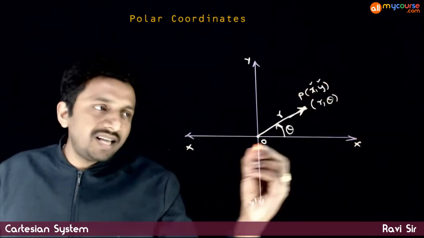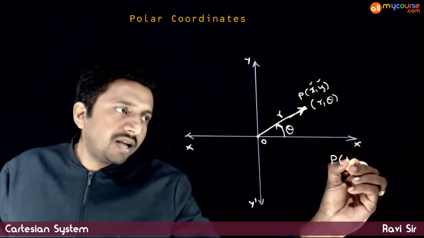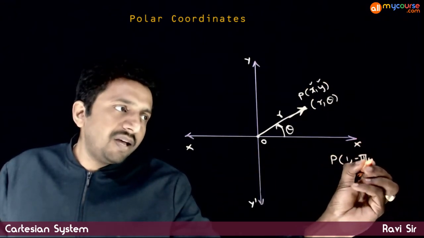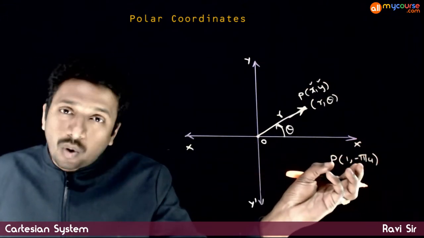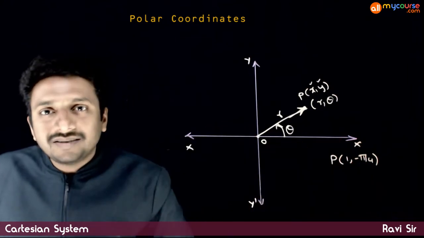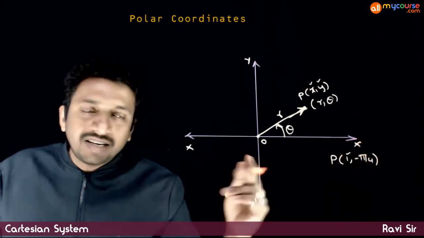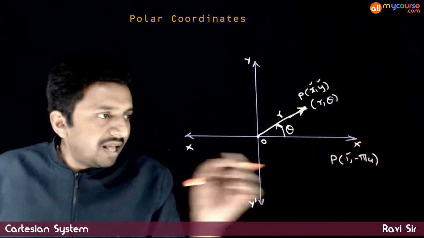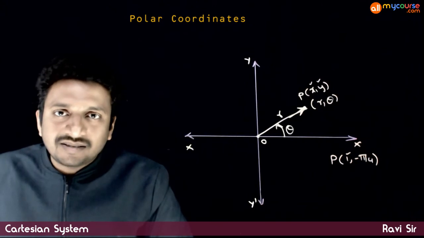For example, if I say the point P is 1 comma minus pi by 4, what point do these coordinates represent? This says that point P is at a distance of 1 unit from origin and OP is making an angle of minus pi by 4 with x-axis.